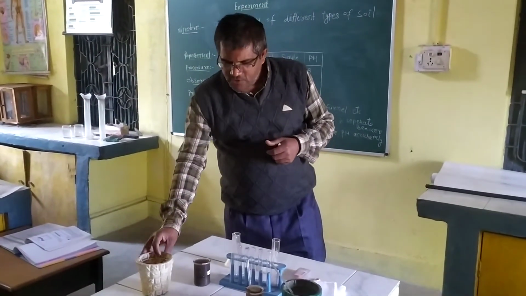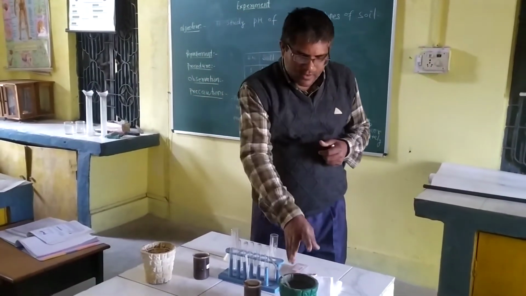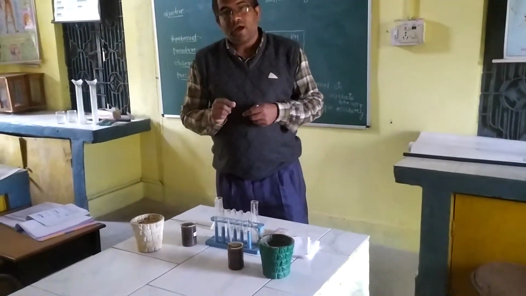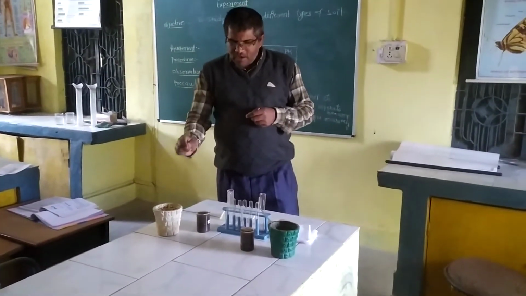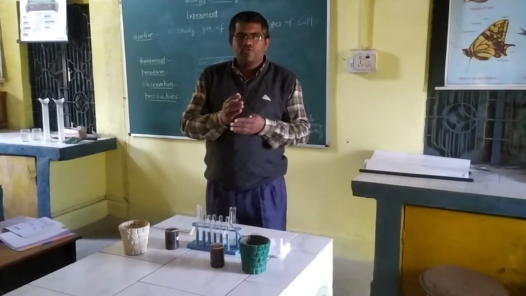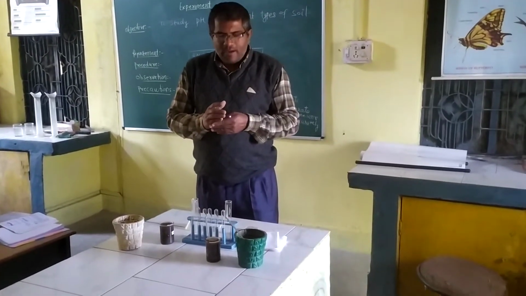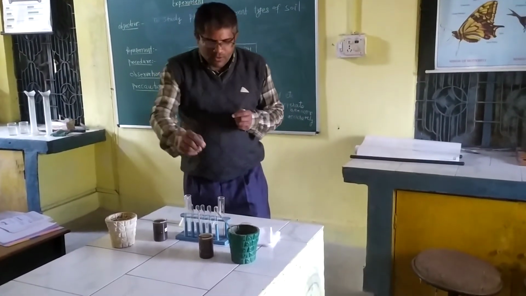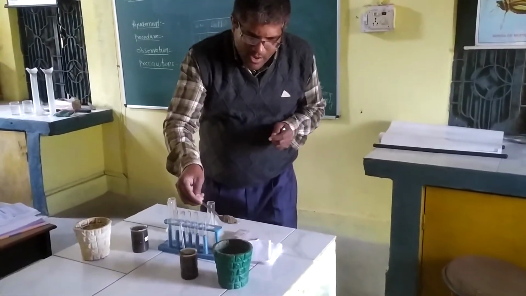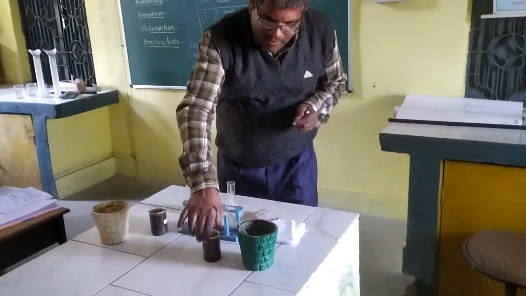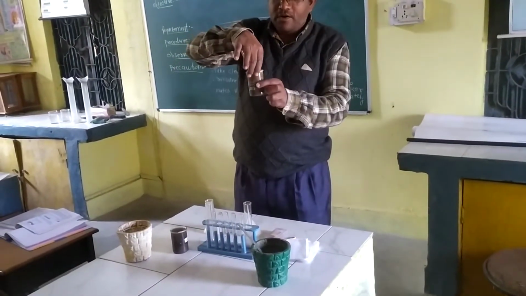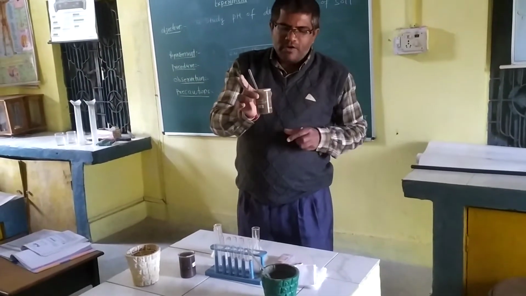So the students first take road side soil and another is garden soil. Then we have to grind up the garden soil and road soil properly. Now we have to take 1 spoon of the garden soil and dissolve it in 100 ml of distilled water.